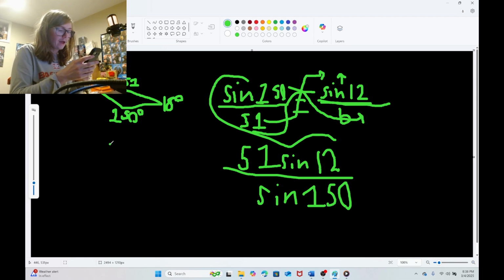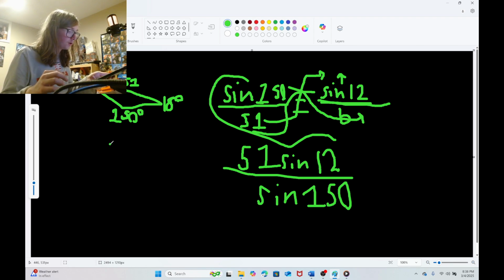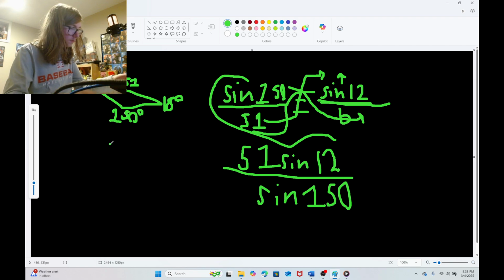I'm going to say it as you type it into a calculator. It's going to equal 31.51, which rounds to 31.5. And there you go, that triangle is done.